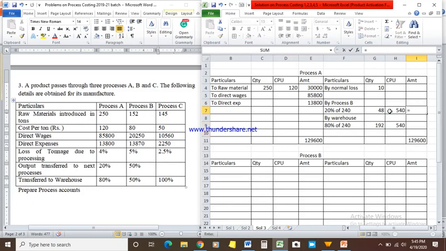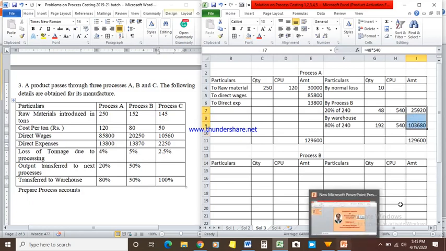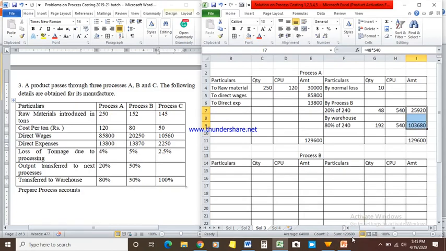So accordingly, 48 tons multiplied by 540. Next is 192 tons into 540. If you take the total of these two, you will get the same value, 129,600. So I hope it is understood for you all.